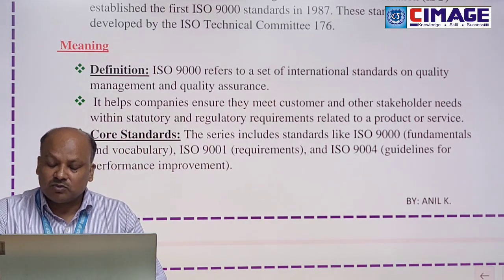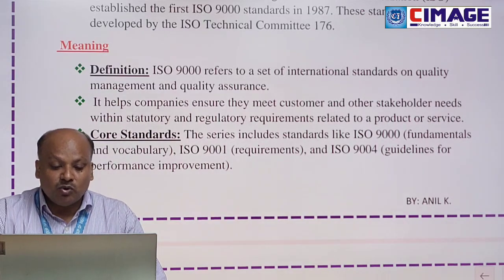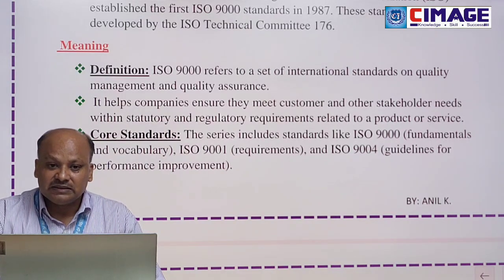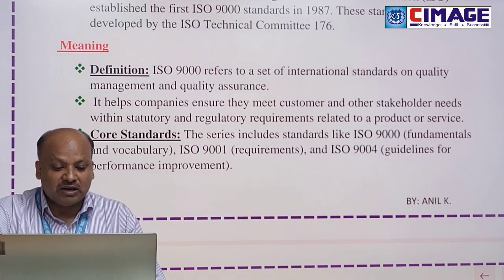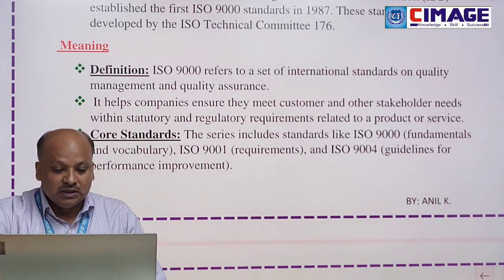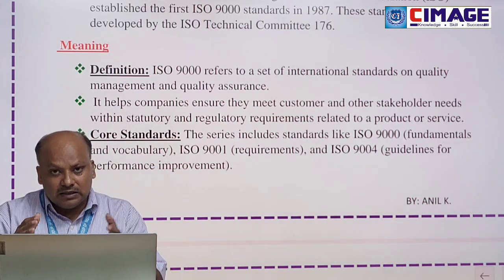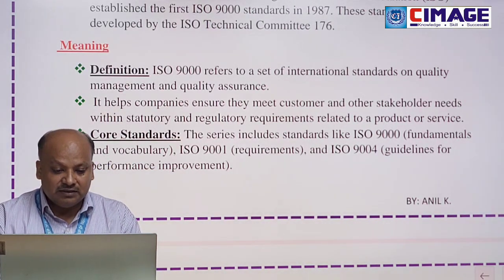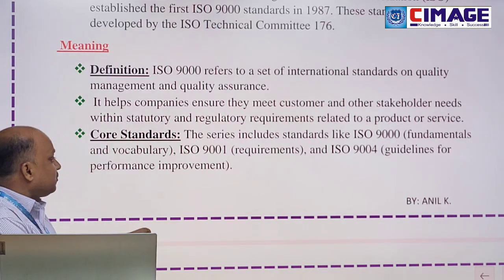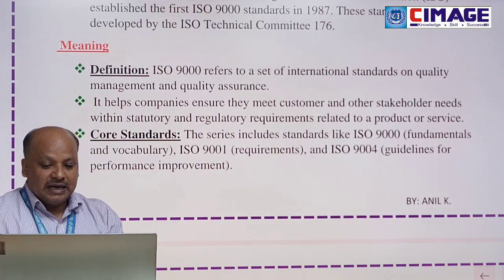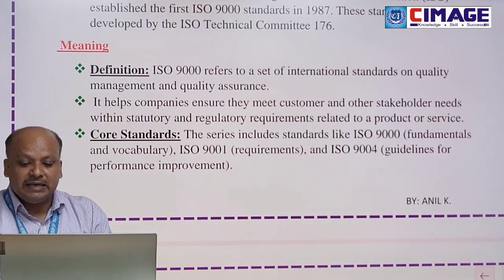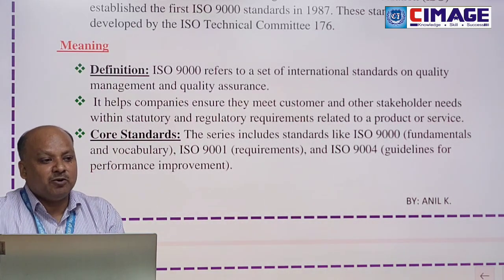Now the core standards of ISO. The series includes ISO 9000, which covers the fundamentals and vocabulary. Another component is ISO 9001, which holds the requirements, and ISO 9004, which gives guidelines for performance improvement.